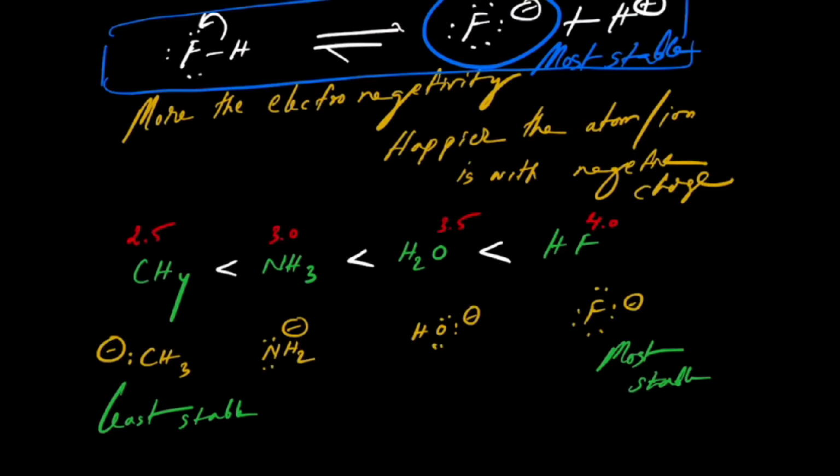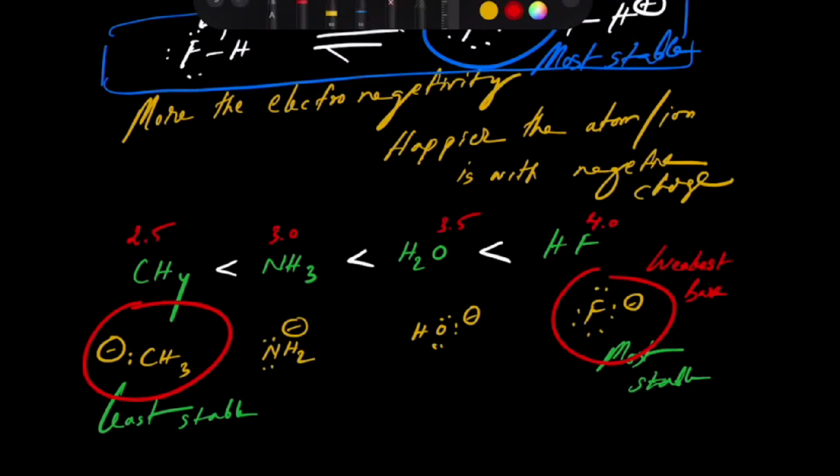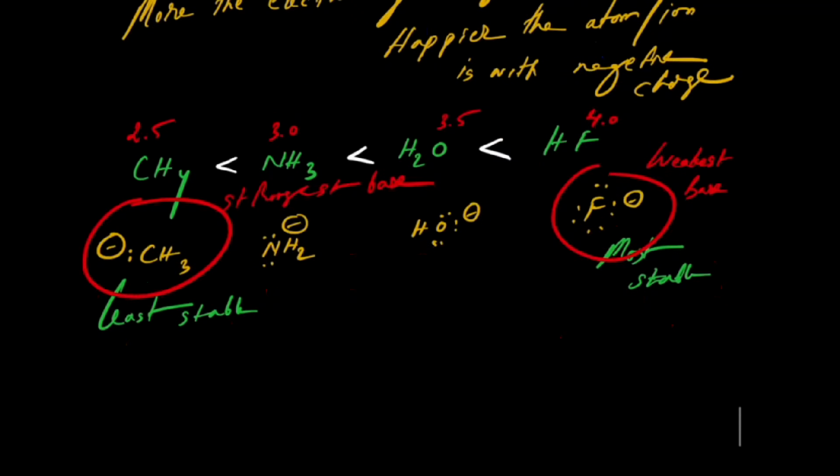Now, most stable means least reactive, so it is the weakest base. This is the strongest base. Now if I consider the basic strength, this is highest, second highest is amide, then comes hydroxide, then comes fluoride.